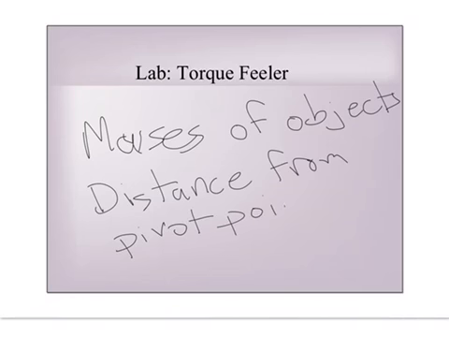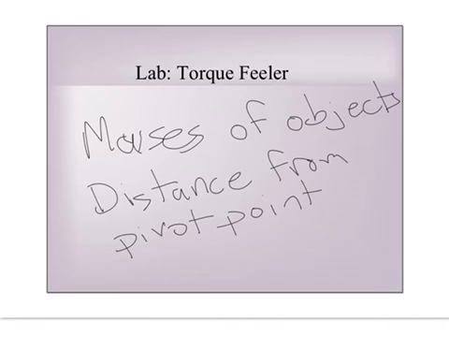With the equipment you have, the meter stick is set up with a pivot point right in the middle, already set up at your lab stations. That is not going to move. Okay, the pivot point is right in the middle.